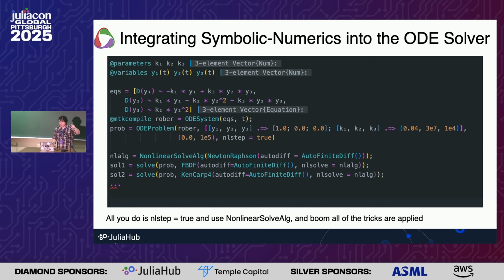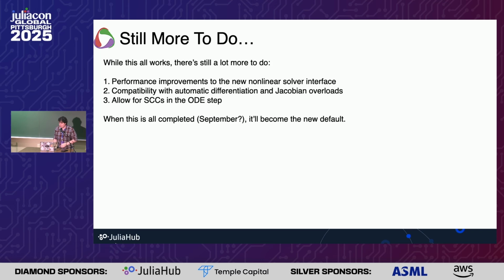You move this to Rackauckas methods, well, those will need a little bit more, but you could also use this. So basically what we've done is made it so that the symbolic ecosystem is able to reach into the middle of the ODE solver, find its most expensive piece, reconfigure it and simplify it down for your specific problem, and then inject a function right into there so that during its solving steps it can use that optimized piece.